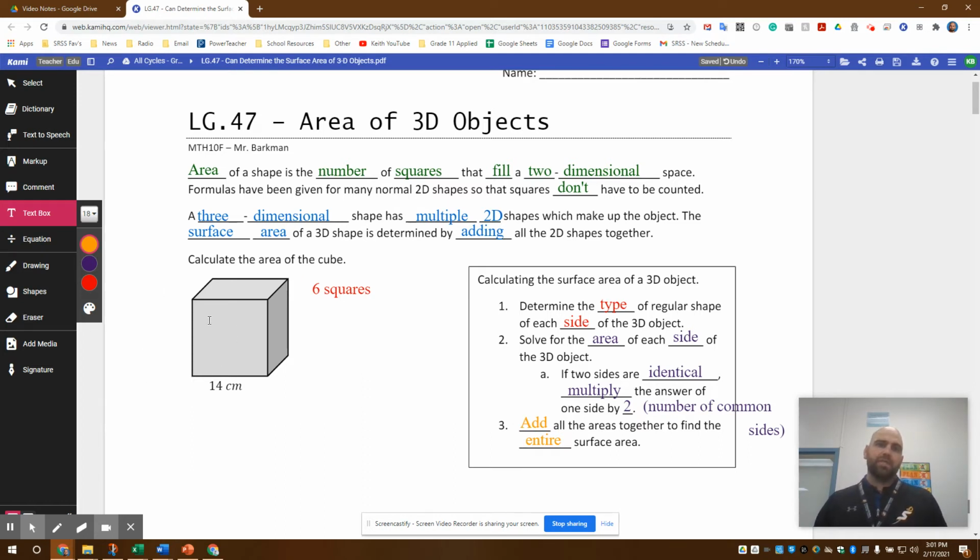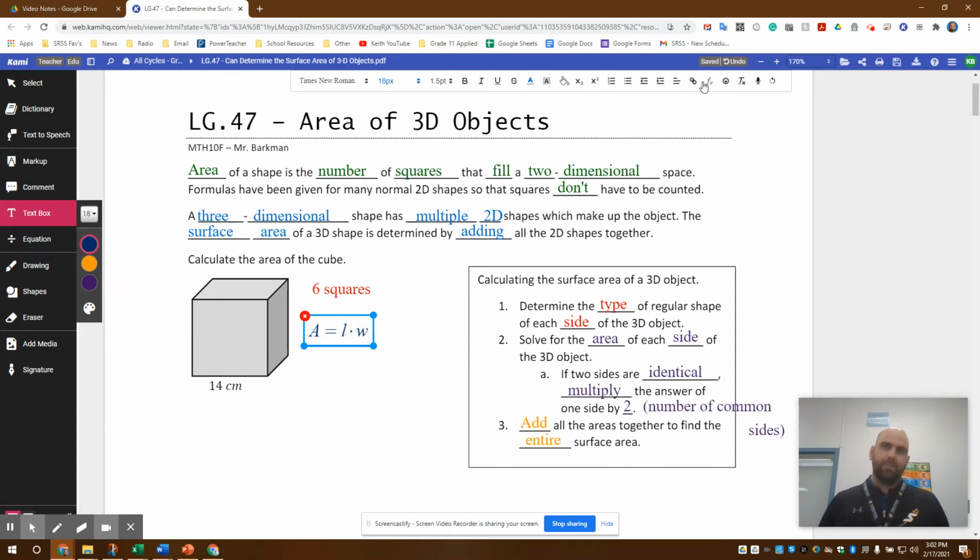So in a question like this here, we have 6 squares. We can find the area of a square, which is not overly difficult. It's just going to be area is equal to length times width. So to find this area here, area is equal to 14 centimeters squared, because it's the same size.